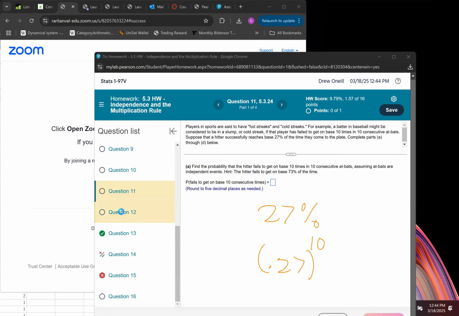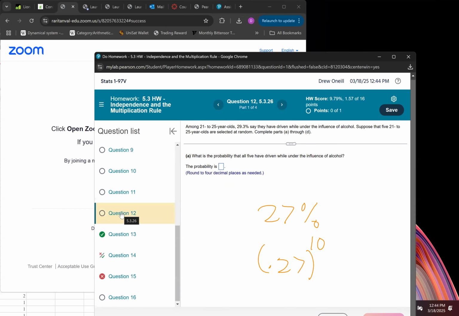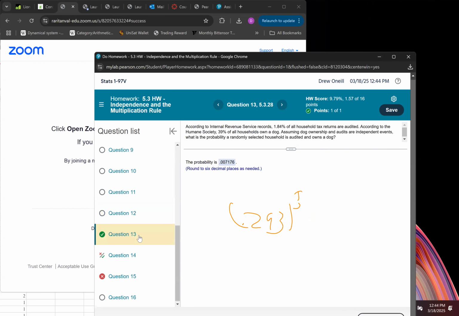I know we're rolling through these. And sort of the same thing here. 29.3% have driven under the influence of alcohol. So it's that probability raised to the fifth, right? So it'd be 0.293 to the fifth. Okay, and then just proceed through them carefully, and you'll get the rest right.